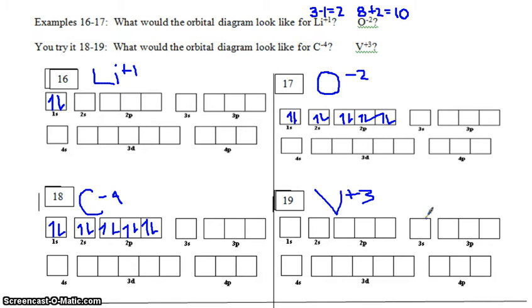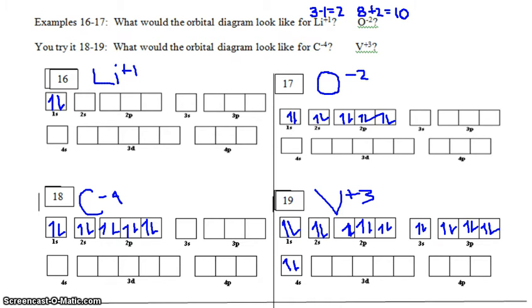And vanadium has 23, but you're going to subtract 3 from that, so it will have 20. 2, 4, 6, 8, 10, 12, 13, 14, 15, 16, 17, 18, 19, 20.